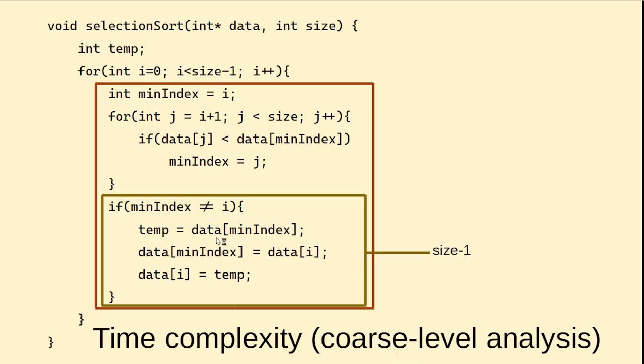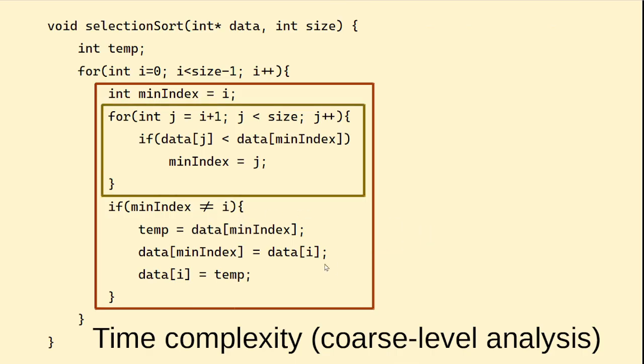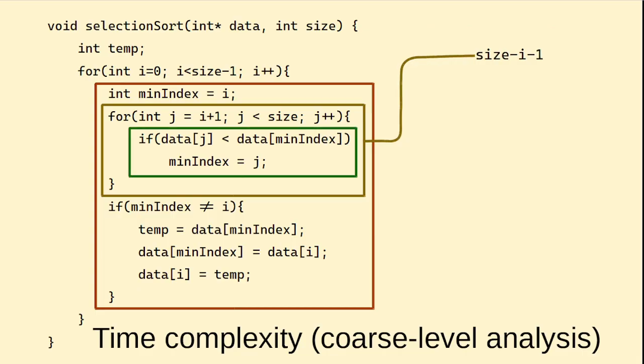So we are focused more on the inner loop, on how many times this inner loop is executed. In each pass it is executed size minus i minus 1 times.